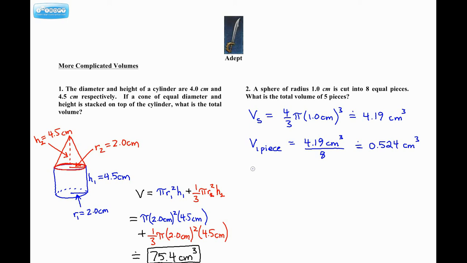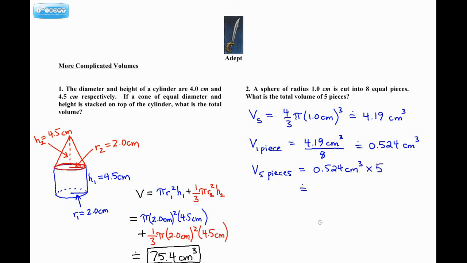And now just find the volume of 5 pieces. The volume of 5 pieces. Okay, so this number, though rounded, I still have that original answer in my calculator, so I haven't cleared it yet. So that would be this number here times 5.